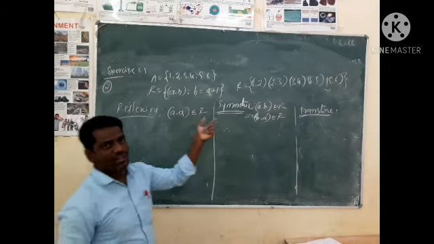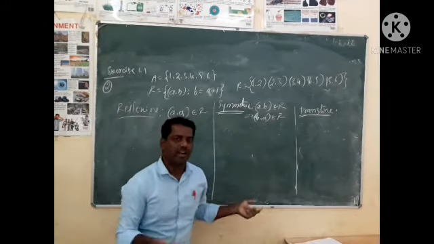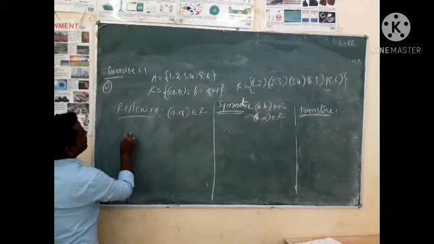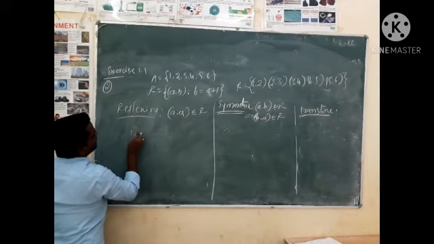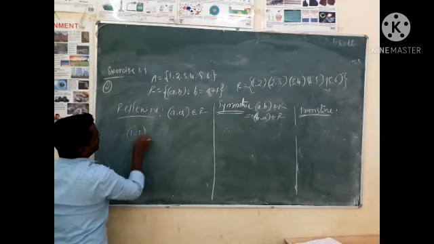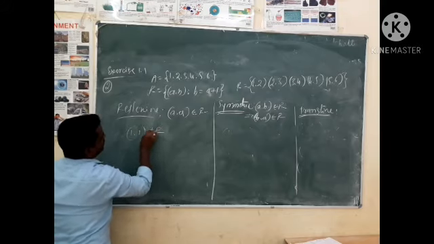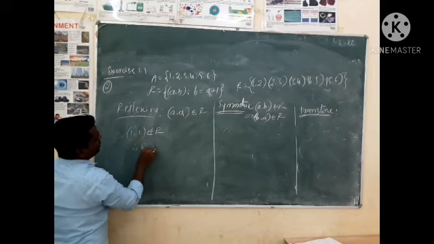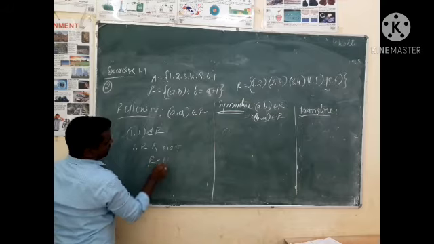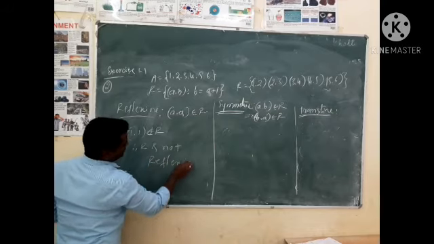Next, the first reflexive condition: (a, a) belongs to R. Is there any (1, 1), (2, 2), (3, 3)? No one is there. Therefore (1, 1) does not belong to R, so R is not reflexive.